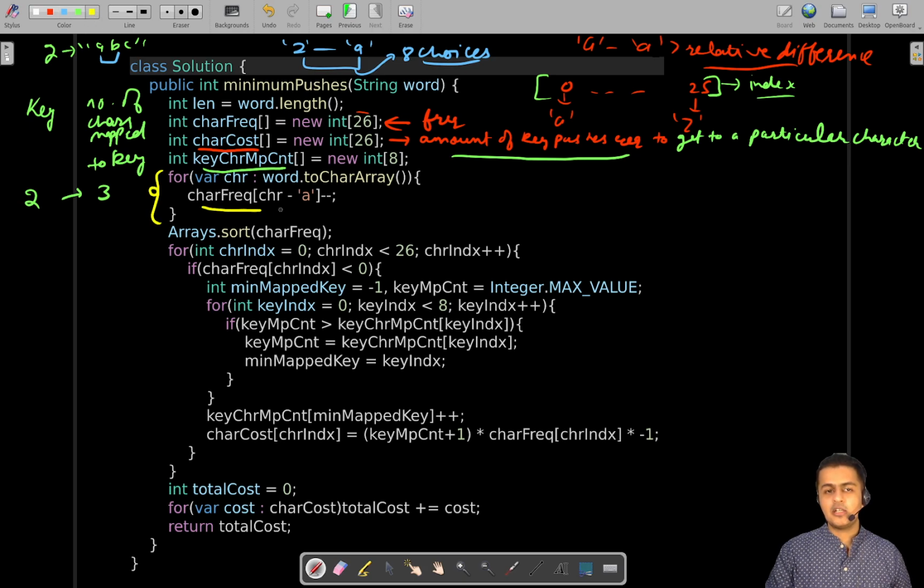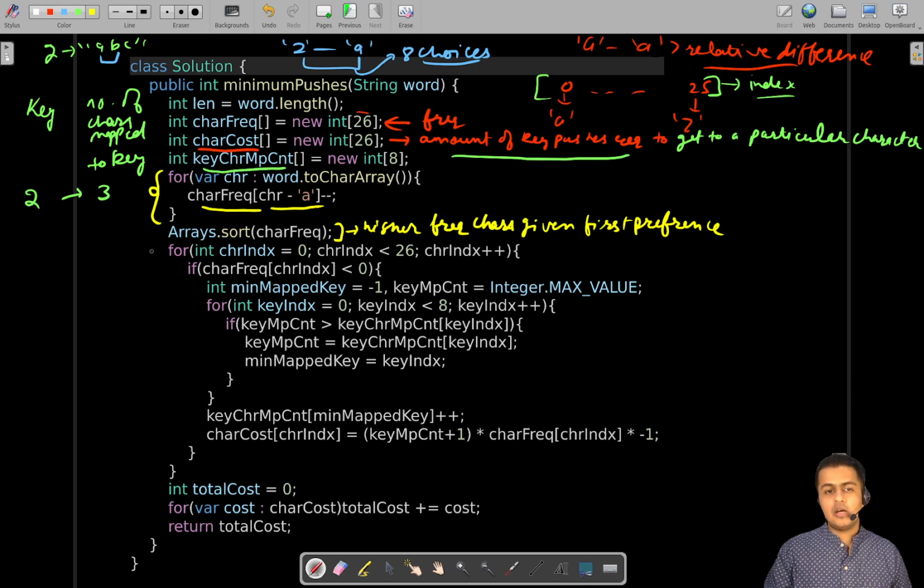As I already told you, the very next step will be to get the character frequencies populated. Then, higher frequency characters will be given first preference, in order to get mapped to a particular key.